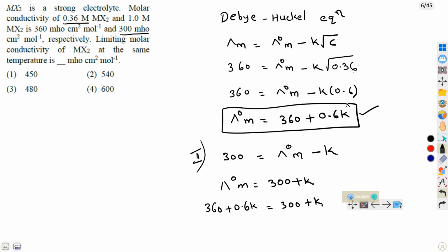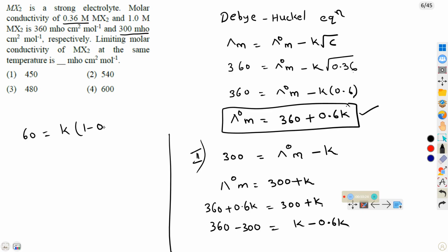Then 60 = k minus 0.6k. 60 = k (1 minus 0.6). 60 = 0.4k. k is equal to 150.